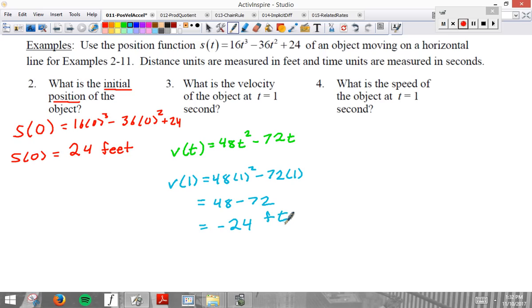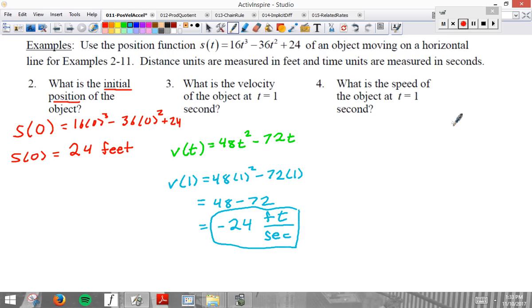And the units for velocity, this is really important, if you haven't known this before in a physics class, the units for velocity will be units of distance over units of time. The reason for that is because it's the rate of change of a position function. So it's going to be the change in position over the change in time. So position units over time units. Done.